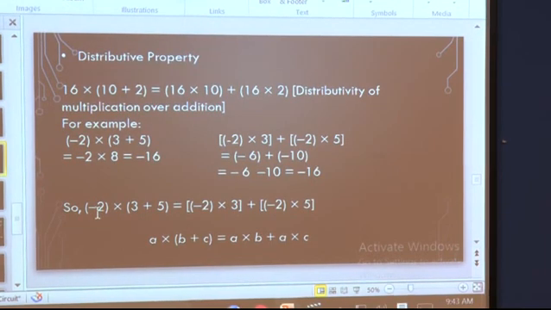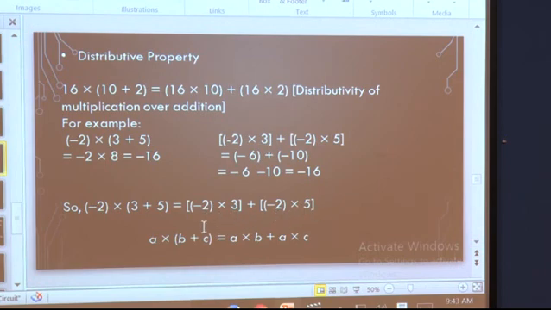I will explain again. -2 is multiplied to 3 once and -2 is multiplied to 5 once, but here we have a positive operation, so we write a positive sign, that is the addition sign.